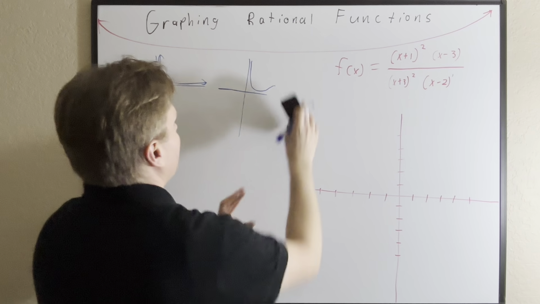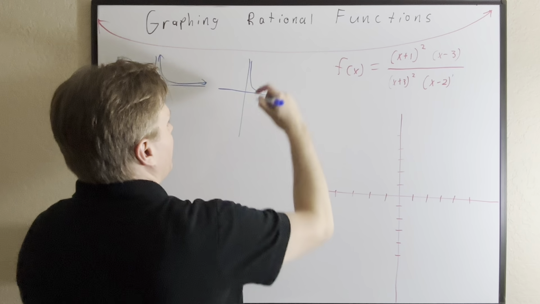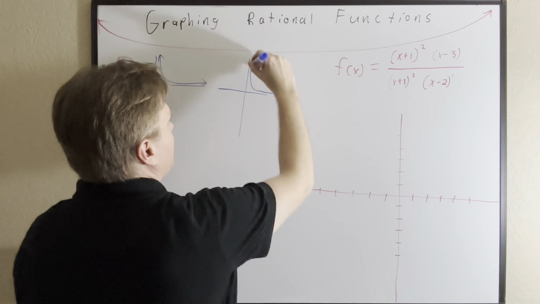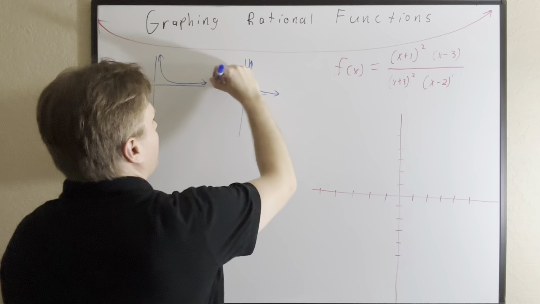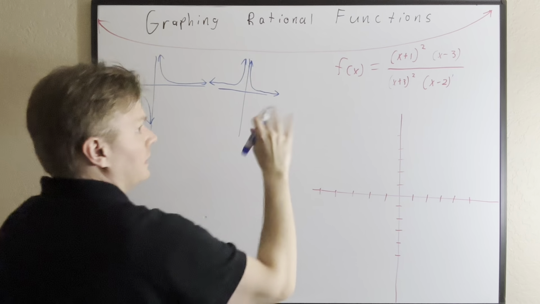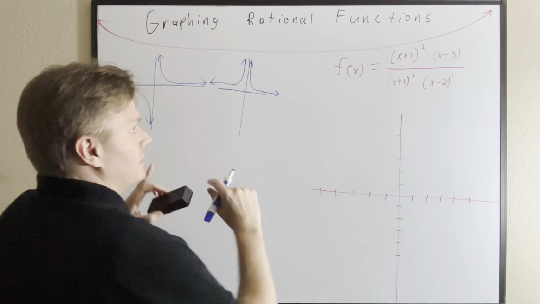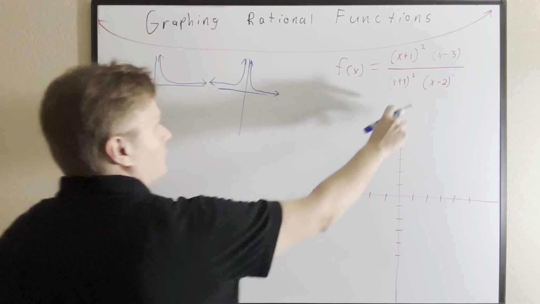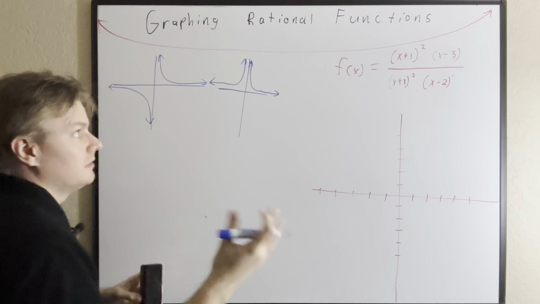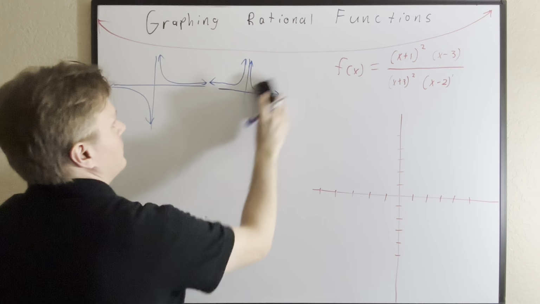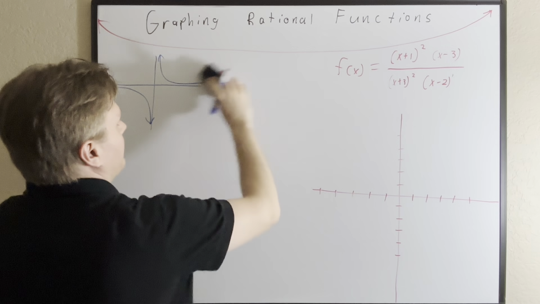If it's an even degree in the denominator, it would look something like this on the ends. Emphasize on the ends, because in the middle, we're going to have 2 vertical asymptotes, and something in the middle is going to happen.